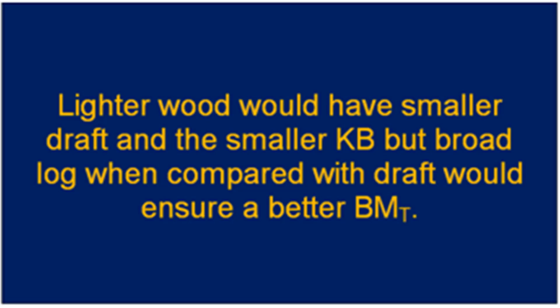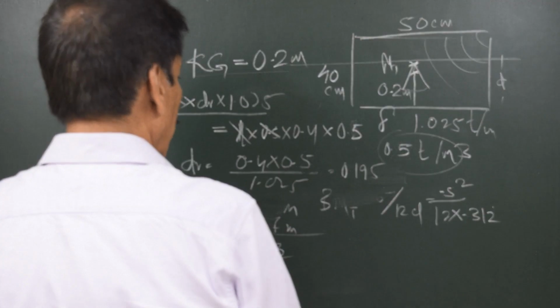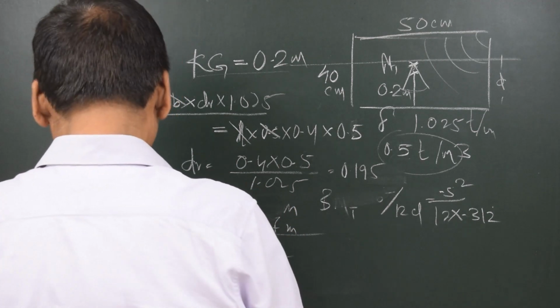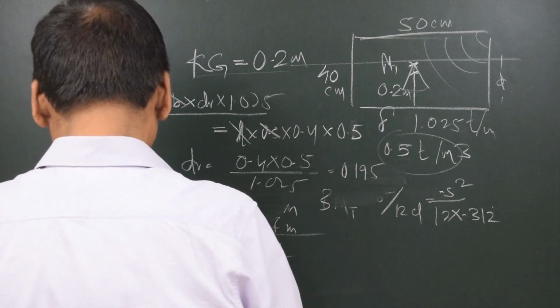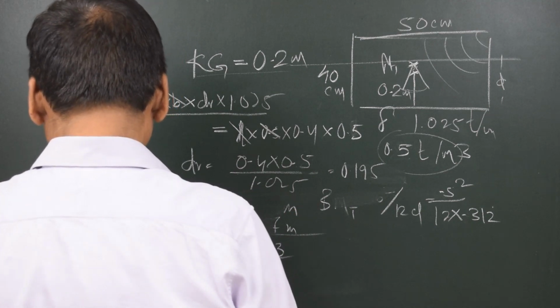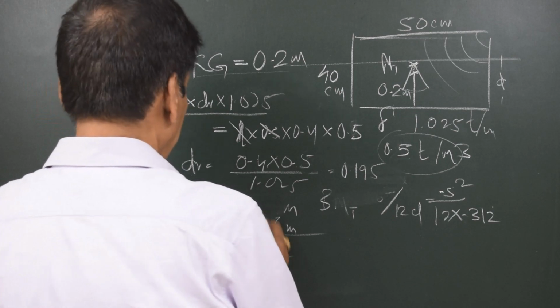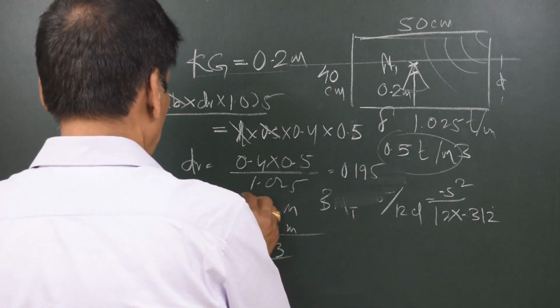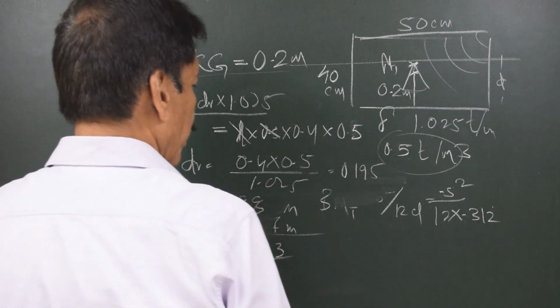That gives me 0.195, and the KB would be half of that. KB would be half of 0.195, 0.195 divided by 2 gives me 0.098 meters, right?